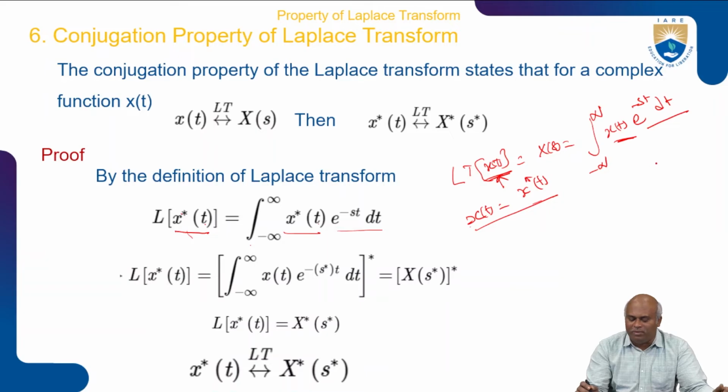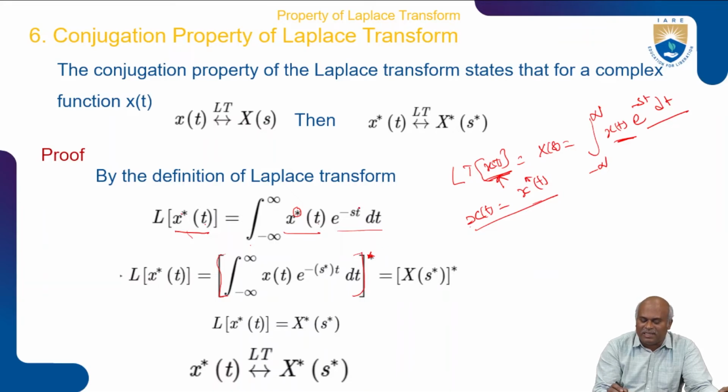Now I take the star out for the whole equation in the Laplace domain. If I take the whole star, then the star applied to the exponent term cancels, giving minus s star t dt.